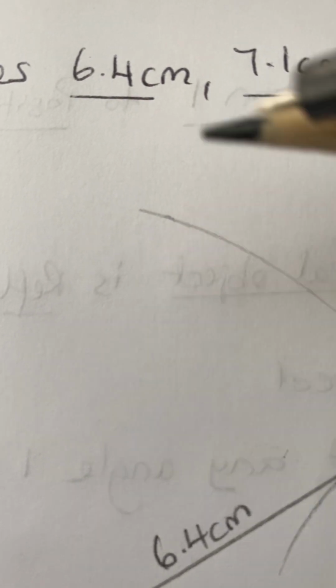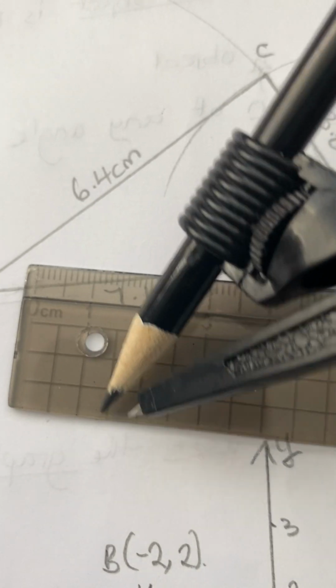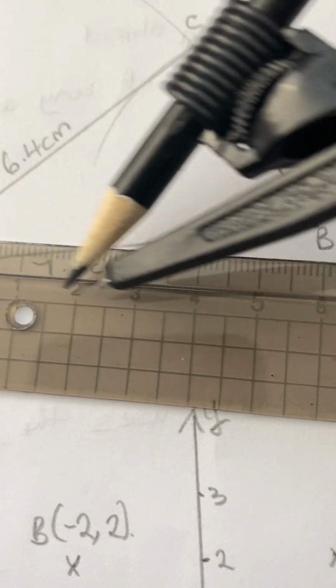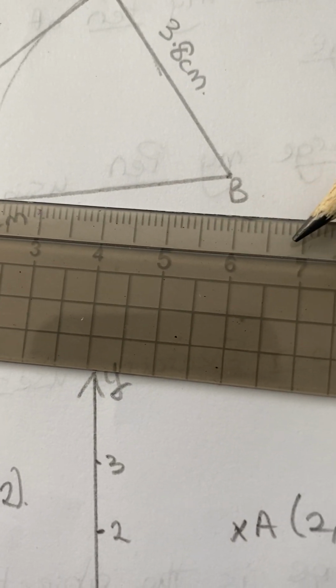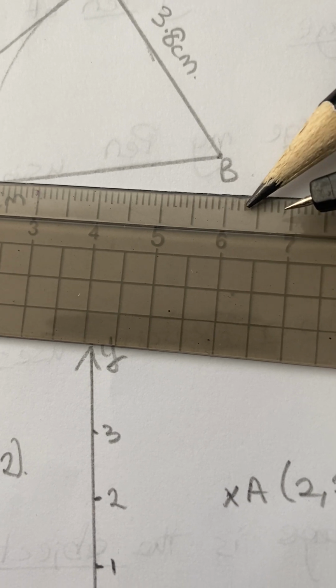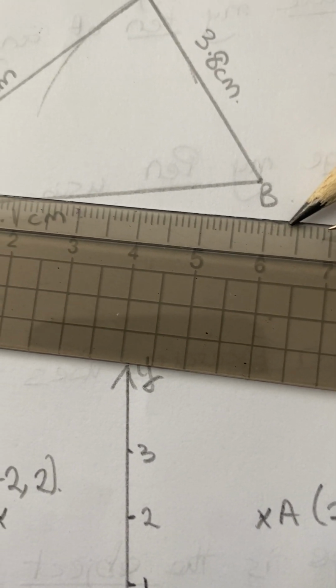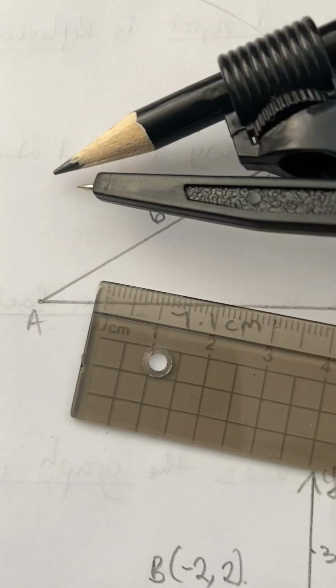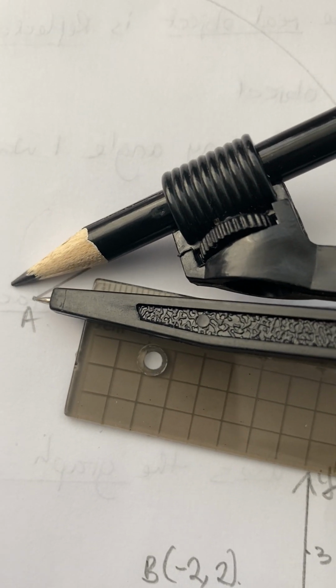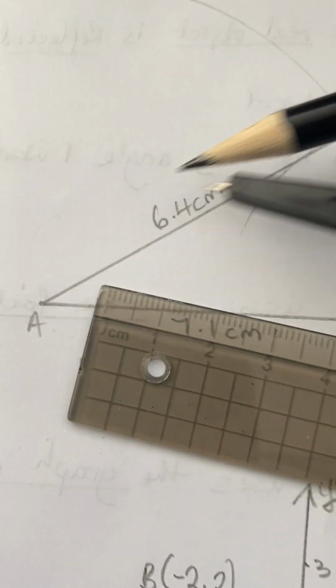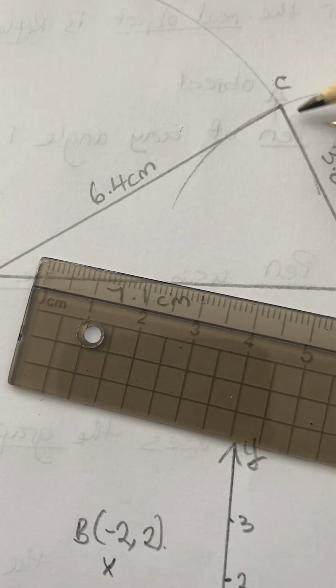The next one is 6.4 centimeters. So you open it up from here, this is 6.5, so 6.4 will be there. When you open it up, you use your first reference point and draw the first arc.